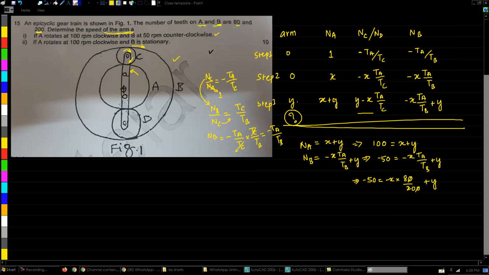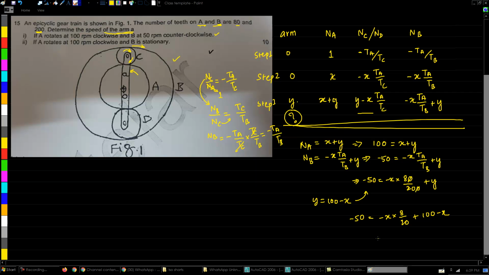So what we'll do, we'll just substitute y equals 100 minus x into this equation, and we get minus 50 equals minus x times 80 by 200 plus, in place of y we have to substitute this value.